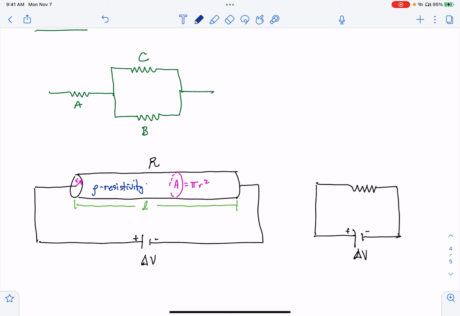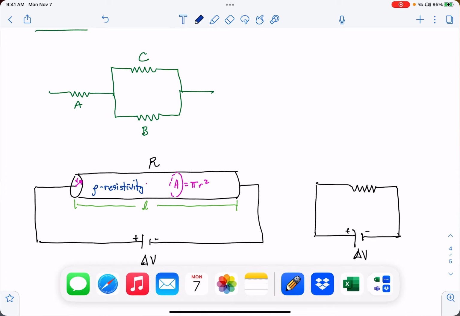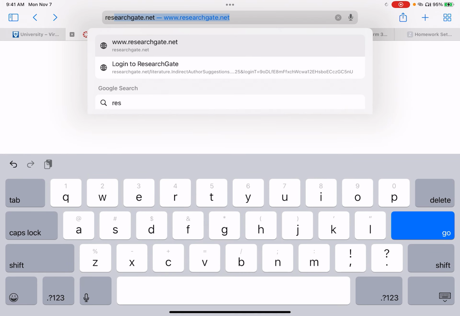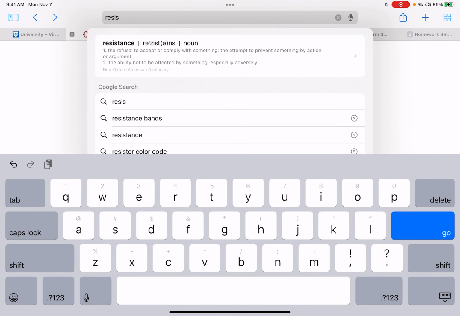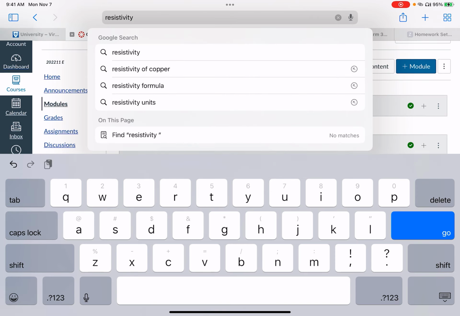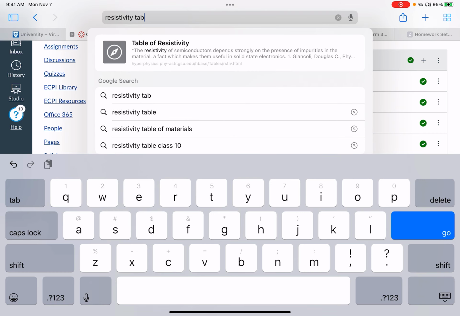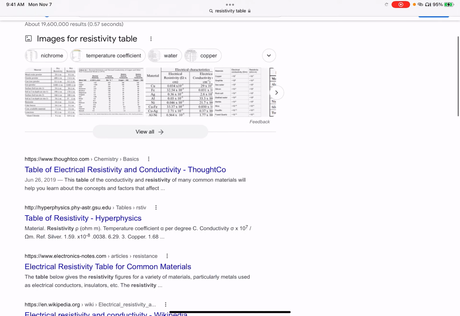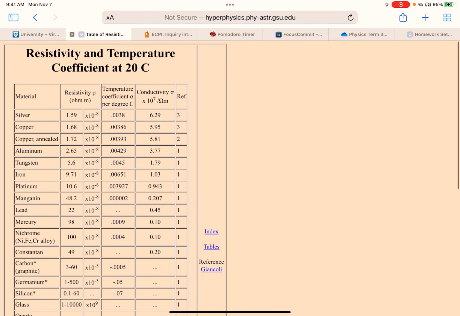Okay, so the resistivity is a property of different kinds of materials. If I bring up a resistivity table, here's HyperPhysics, we could use that.